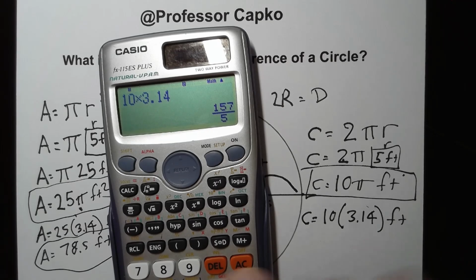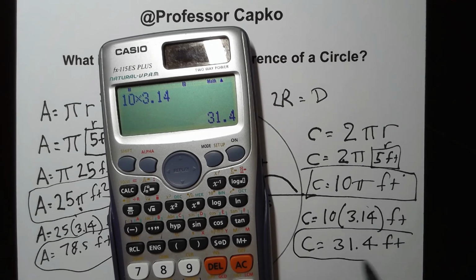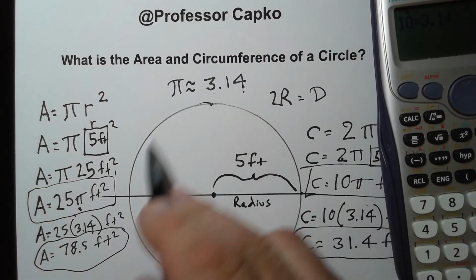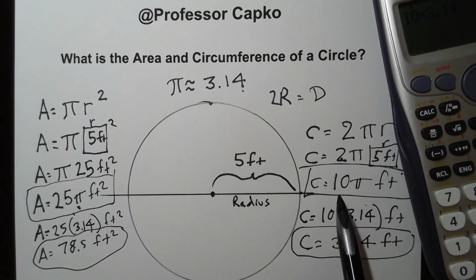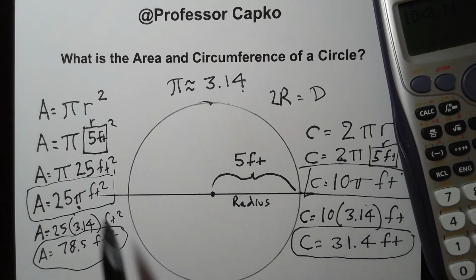And you see it again is a fraction, and then we just move the decimal place over. So our circumference is equal to 31.4 feet. So it's a little more than 31 feet around this circle. So that is how you find the exact and the approximate circumference and the exact and the approximate area of a circle.